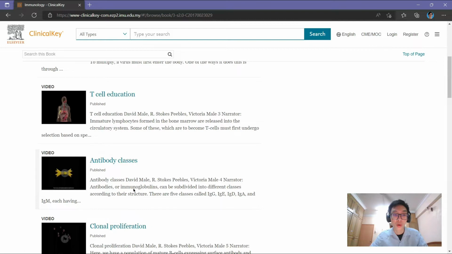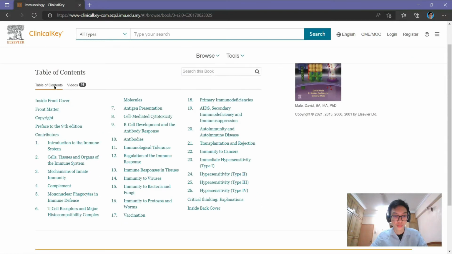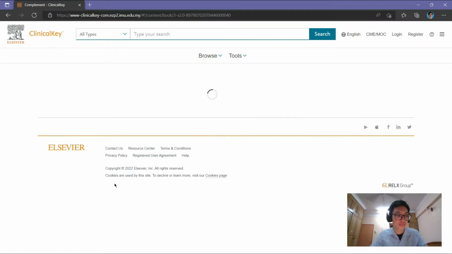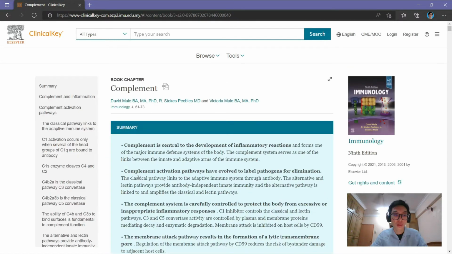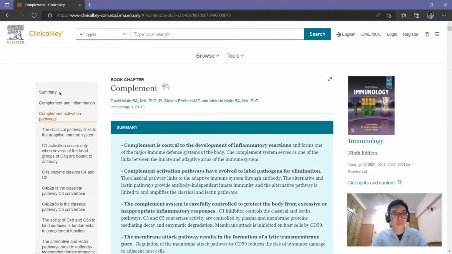So not only that, let me open the complement system, topic 4. As you can see, in every topic there is a summary of the chapter, and on the sidebar you can easily access the subtopics in a chapter.